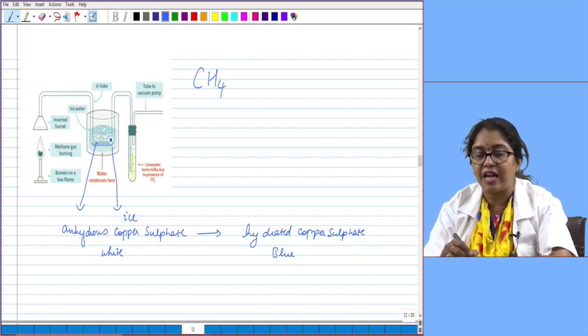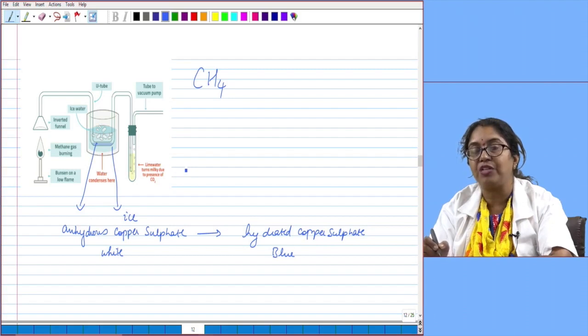The rest of the gases travel through this tube and enter a test tube containing lime water, and this lime water turns milky. The milkiness of the lime water indicates that the other substance present in the emission of the fuel is carbon dioxide.